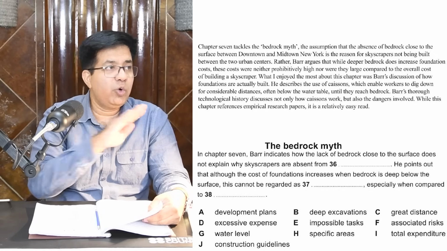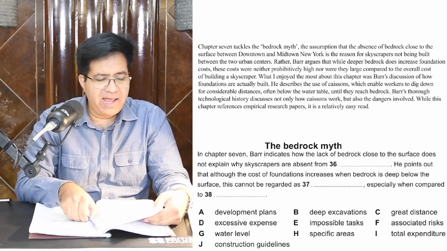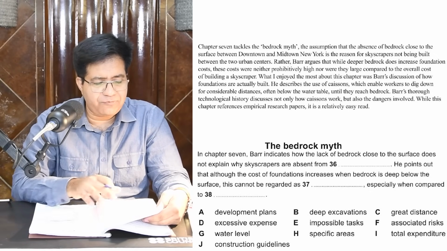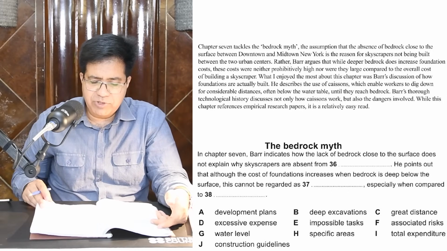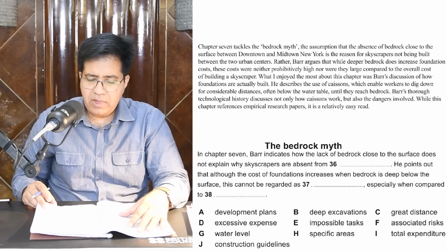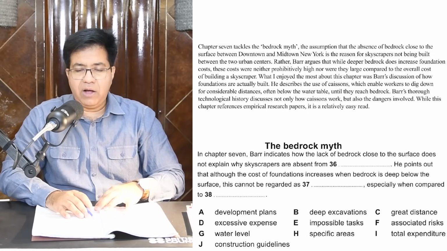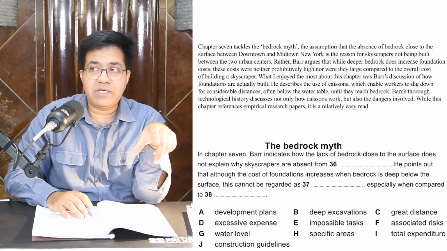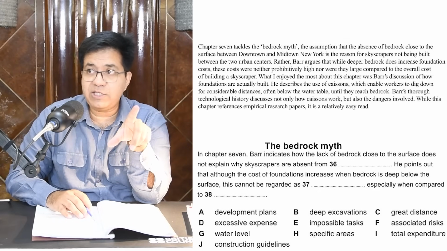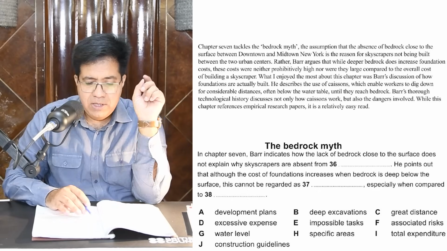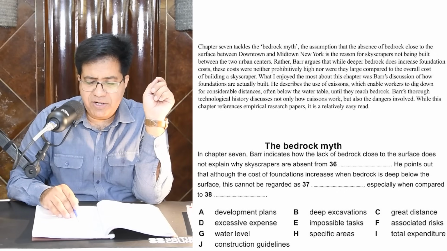Absent means no skyscrapers. Okay, why skyscrapers are absent from somewhere? Now, please come to chapter 7. Why skyscrapers are absent from where? Please follow me now and read carefully. This is part 3. This English can become Chinese for you, I'm telling you. Okay? Chapter 7 tackles the bedrock myth.